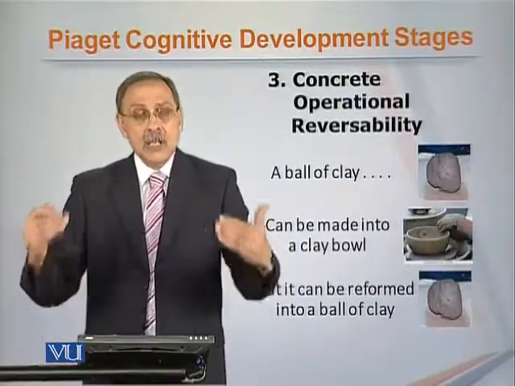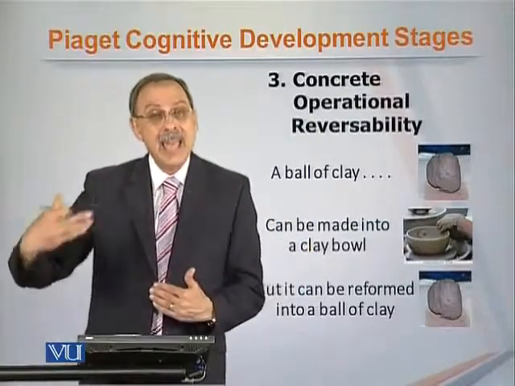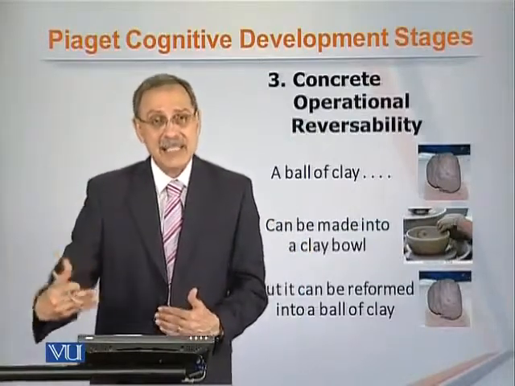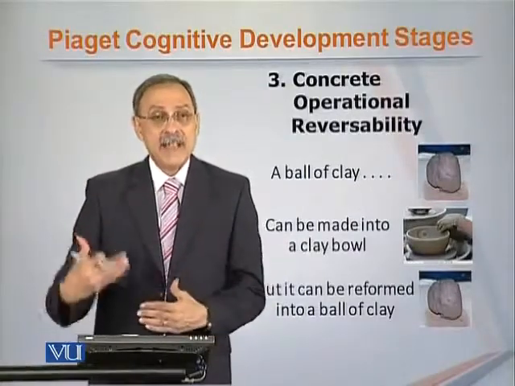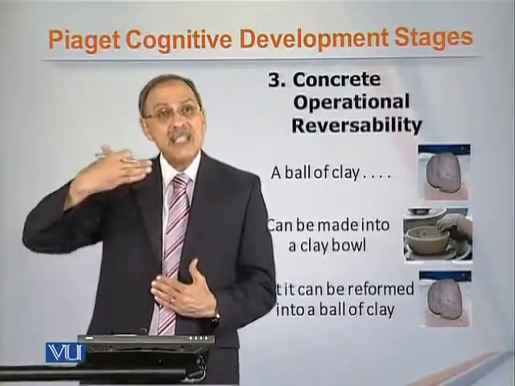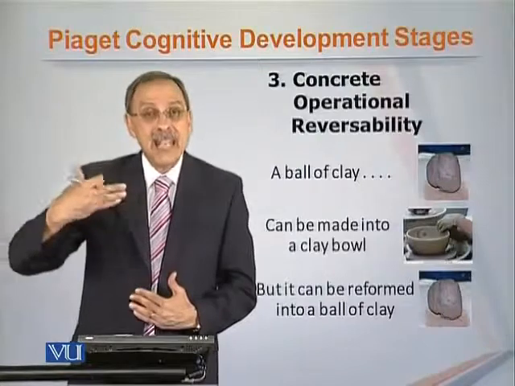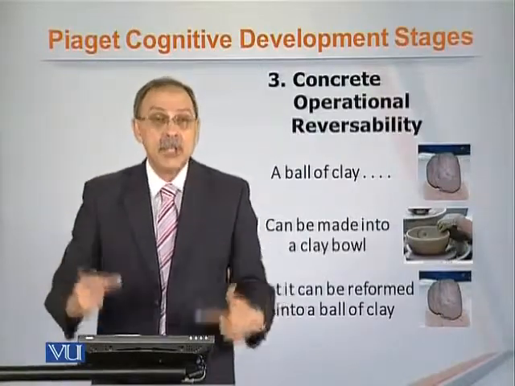And again, reversibility, just like conservation, is a step ahead in thinking capacities. And in this particular stage of Piaget's cognitive development, the child begins to think. And because he's in the thinking mode, he is able to conserve and he's able to reverse.